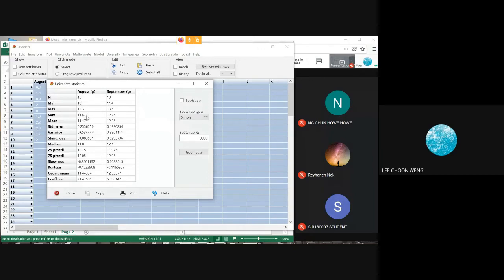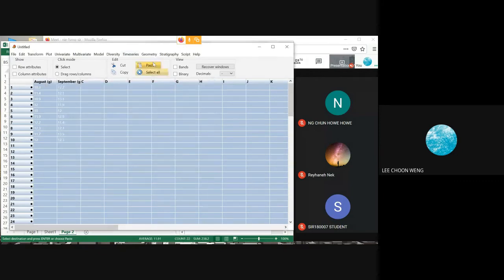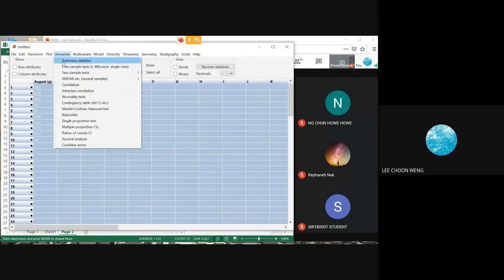So you have your sum, your mean, standard error, standard deviation. Okay. Of course, there are more than what Excel can do. Okay. So what we want is we want to compare a t-test.